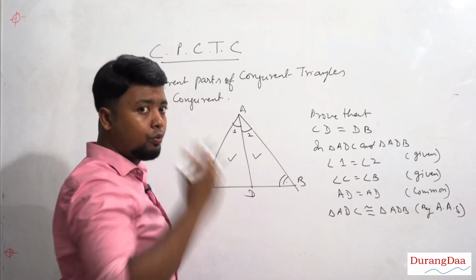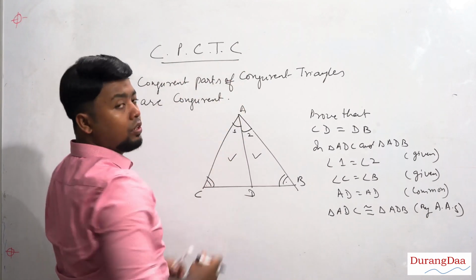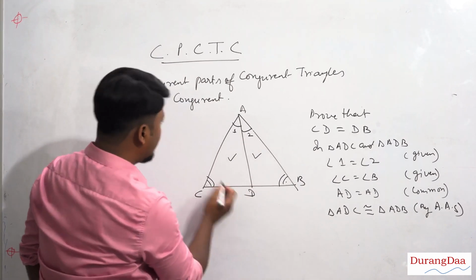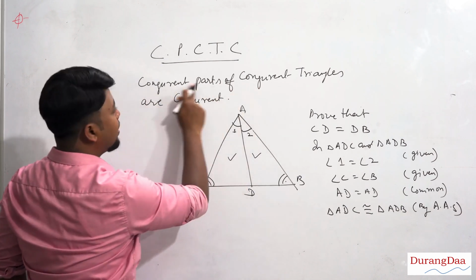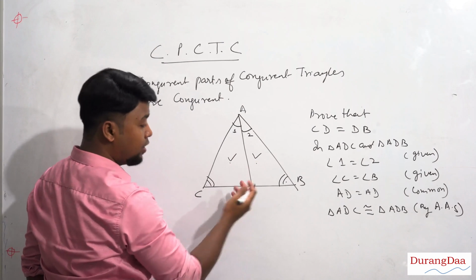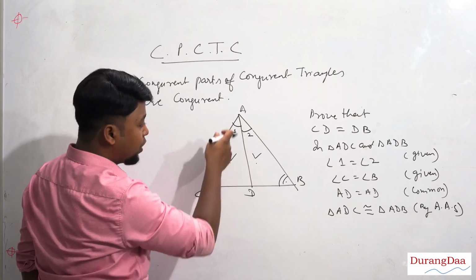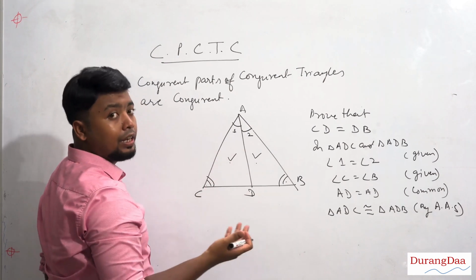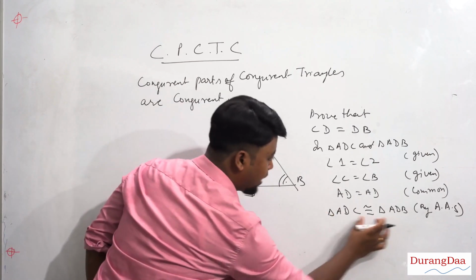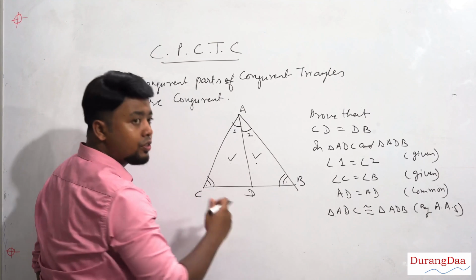Once we have proved two triangles congruent, we can use CPCTC to prove these two lines equal directly. What is the statement here? Congruent parts of congruent triangles are congruent. We have proved these two triangles congruent, so all the corresponding parts of the two triangles should also be equal.